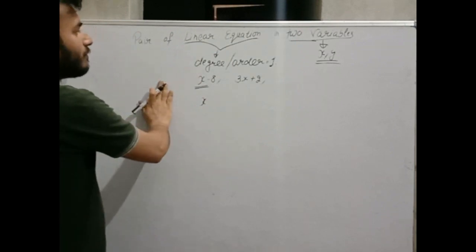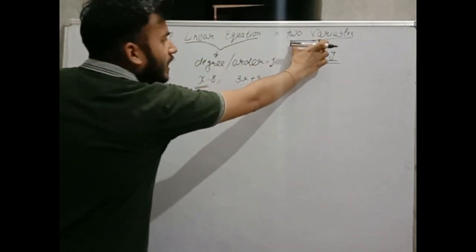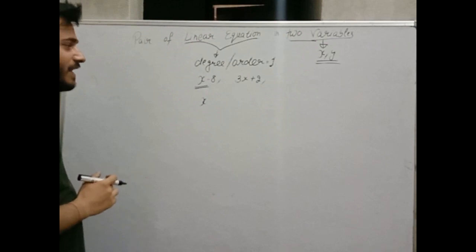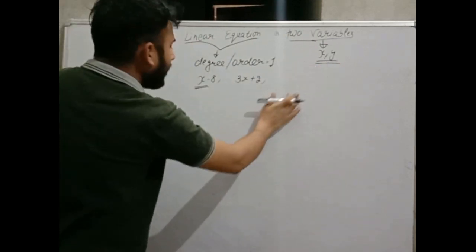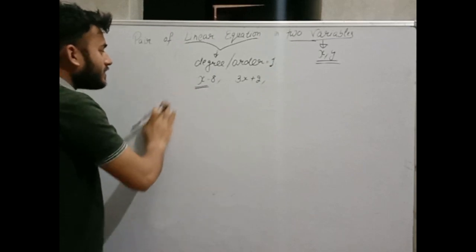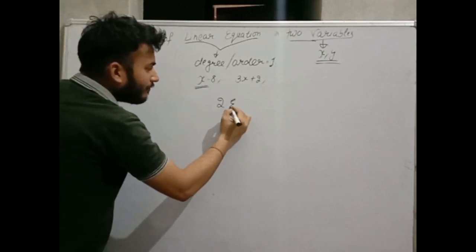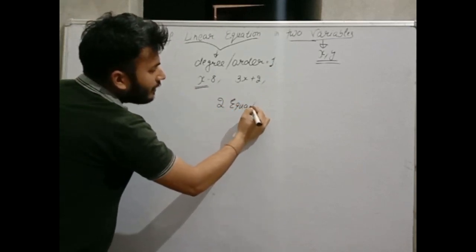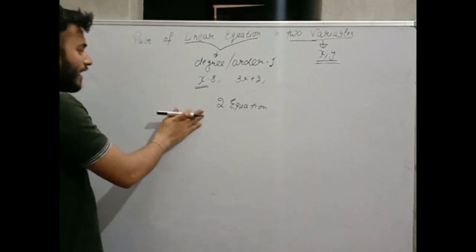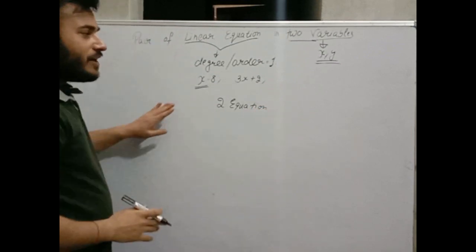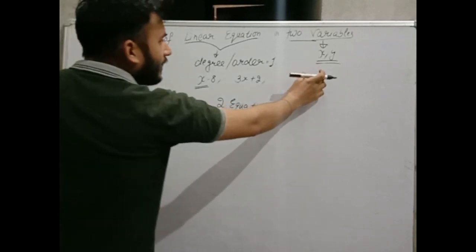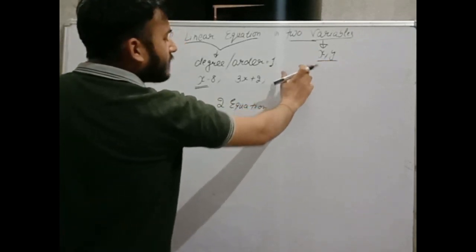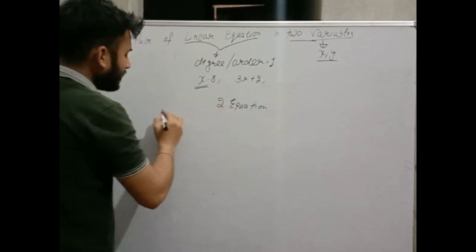But in the third chapter, if we are discussing two variables, and we want to find the value of x and y, then we must have two equations. So to find the value of one variable, we need only one equation, but to find the value of two variables, we need two equations.